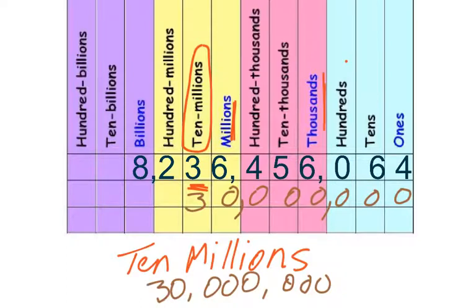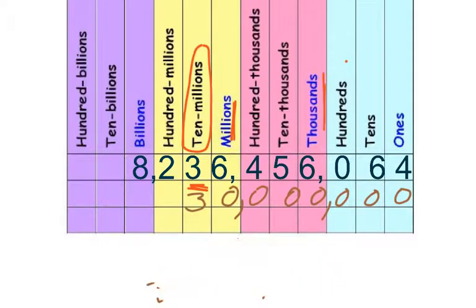The next question asked us, what would 10 times the value of the underlined digit be? So right now, I have a 3 in the 10 millions place. They're asking us for 10 times as much. So I would just imagine that my 3 moves over one place value to the left, because it's 10 times as much.